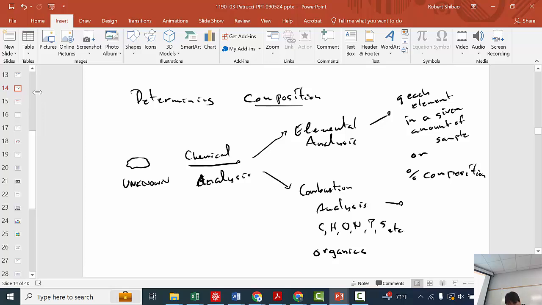different things. Let me talk about this. What we end up getting is grams of CO2, grams of water, grams of etc. from this.